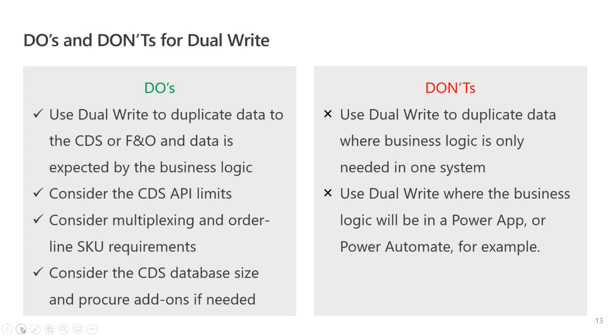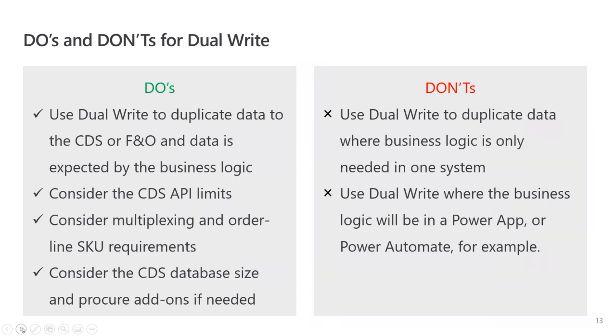You'll also need to consider your CDS database size and procure add-ons if needed. Obviously your F&O database needs to be considered as well, but when you use dual-write, you are copying that data into the CDS and will need to make sure that it is sized correctly based on those needs.